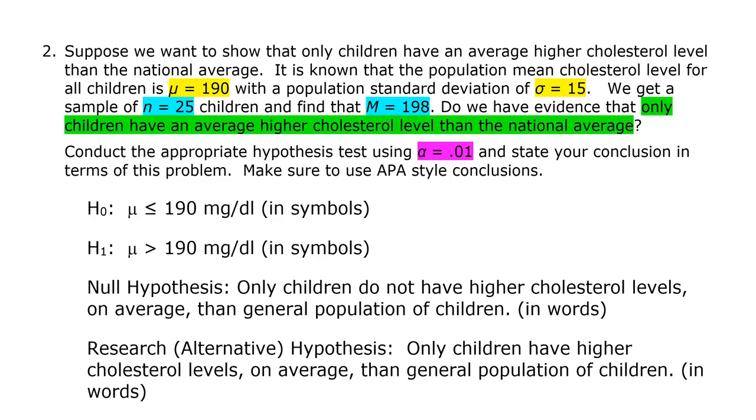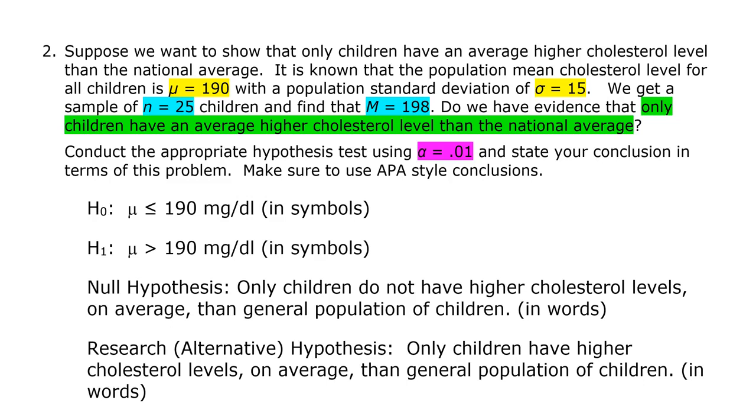Number 2, suppose we want to show that only children have an average higher cholesterol level than the national average. It is known that the population mean cholesterol level for all children is mu equal to 190, with a population standard deviation of sigma equal to 15. We get a sample of n equal to 25 children and find that the sample mean, M, is equal to 198.